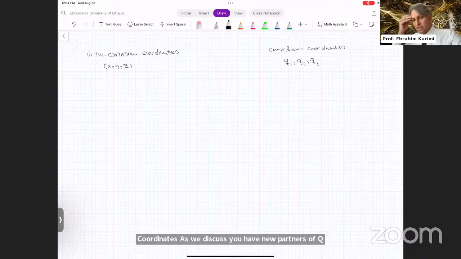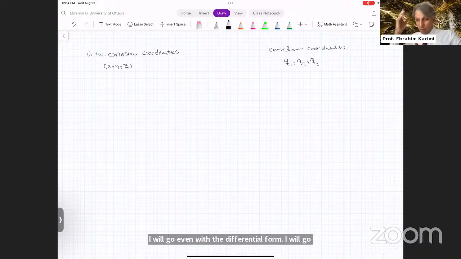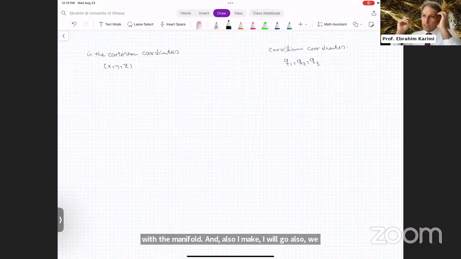Know that next week I will generalize it. I will go even with the differential form, with the manifold, and also with an arbitrary situation, where I will introduce the covariant form and also the dual space.